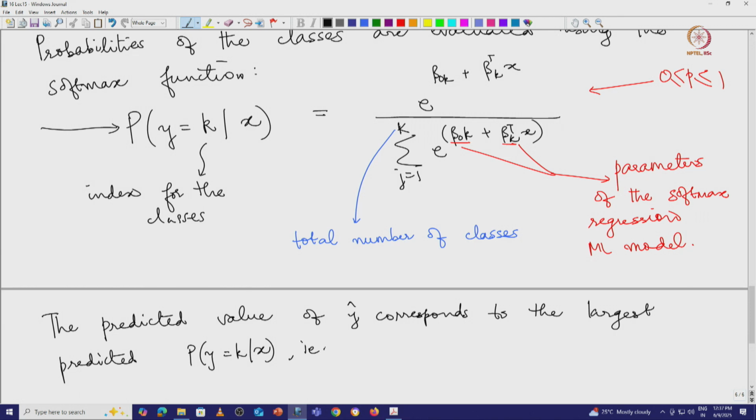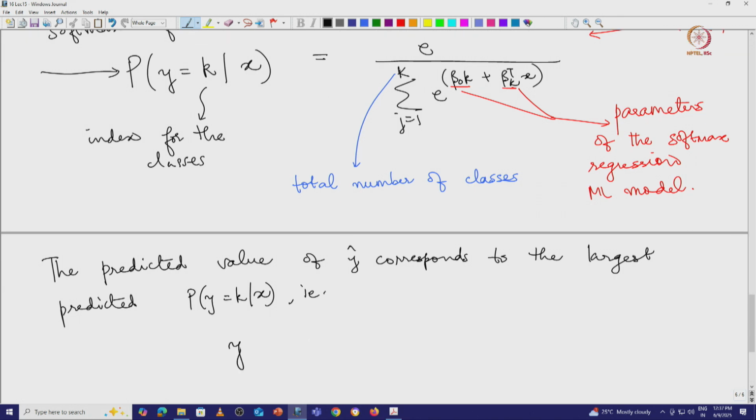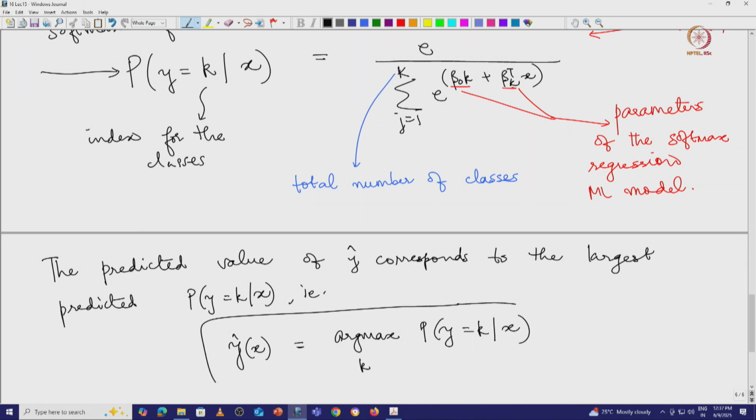If you wanted to write it down, you would say y hat of the feature vector x is argmax over k of P(y equals k given the feature vector x). So, this is how softmax regression works, and you are able to assign the correct class.